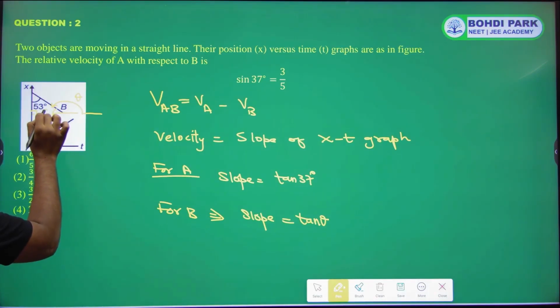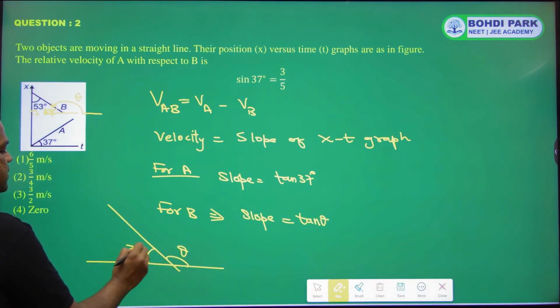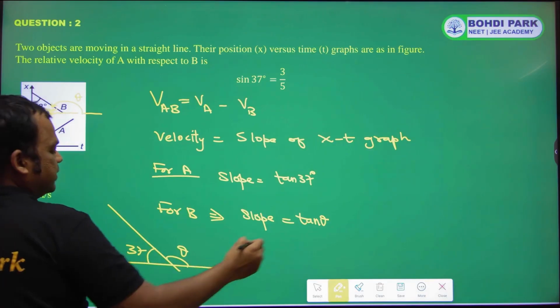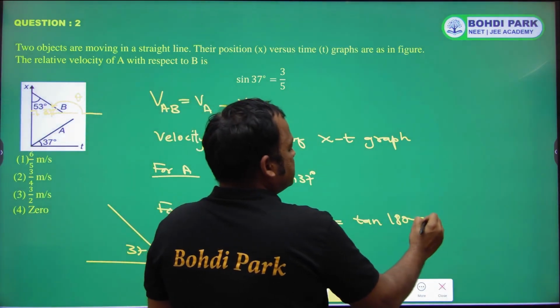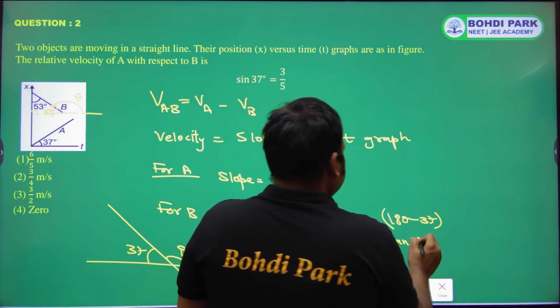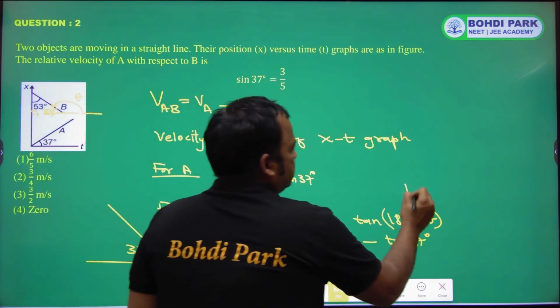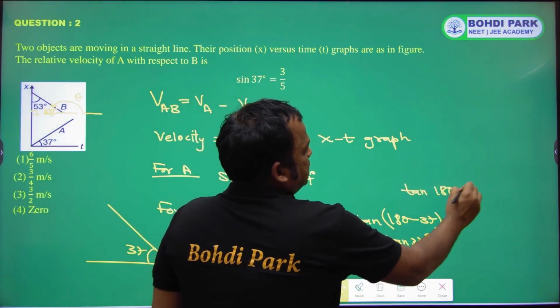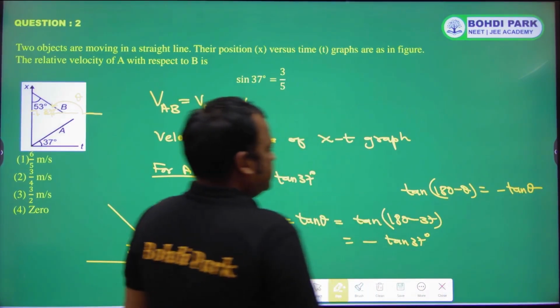So this is 37. This angle is 37. It is like this. This is theta, and this is 37. So tan theta can be written as tan 180 minus 37. So that will be minus 37 degree. Tan 180 minus theta is minus tan theta.